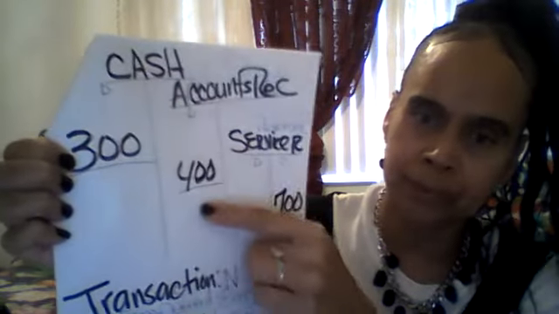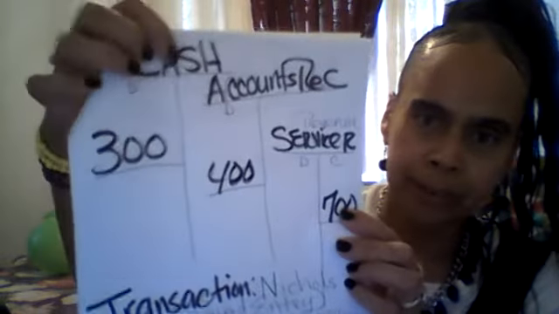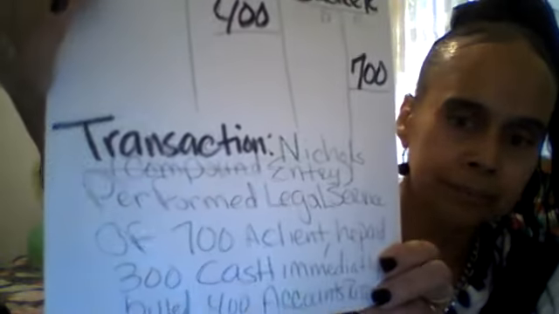In other words, they owe me $400, so we want to debit accounts receivable $400. That's my cash account. Then you have the accounts receivable account and service revenue, and it's a transaction right here at the bottom.